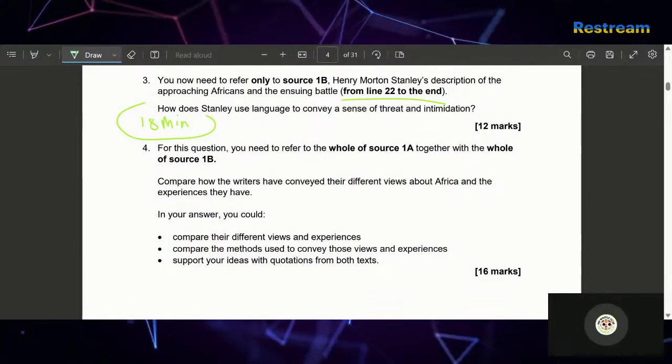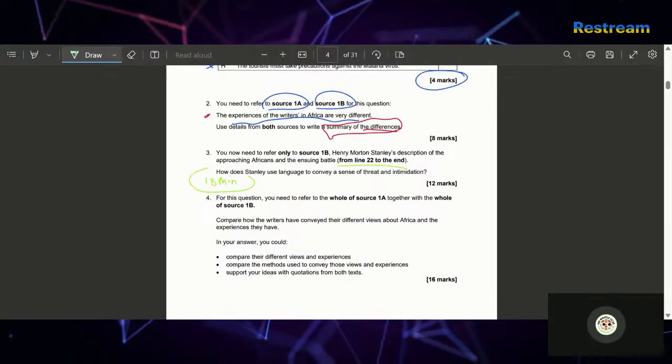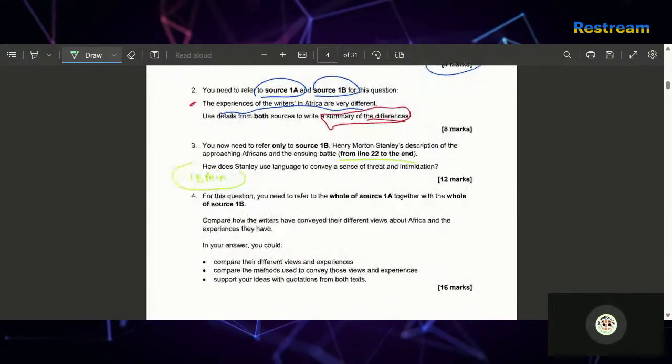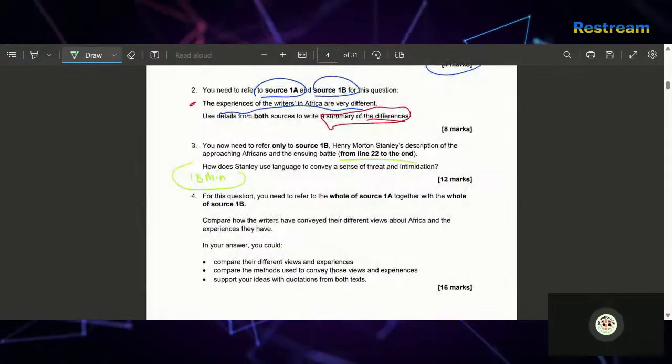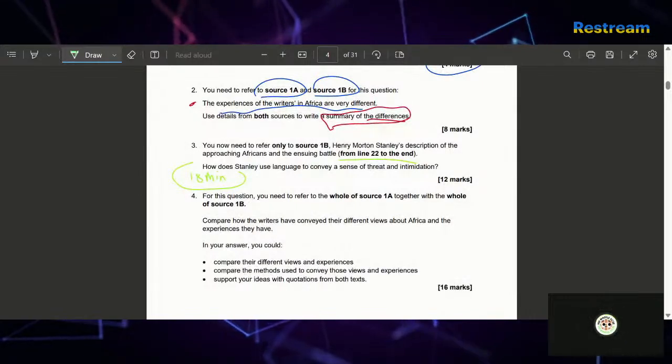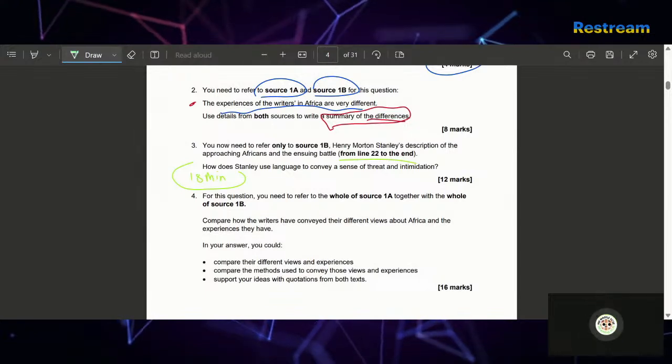Now, ironically, this is literally exactly the same question as question 2. Because in question 2, they're talking about the experiences, and in question 4, they're talking about their different views about Africa and the experiences they have.